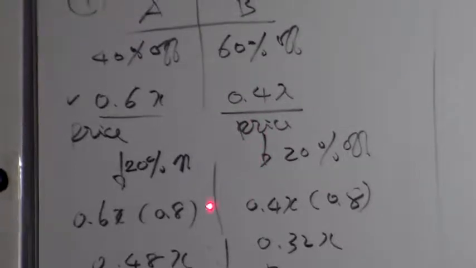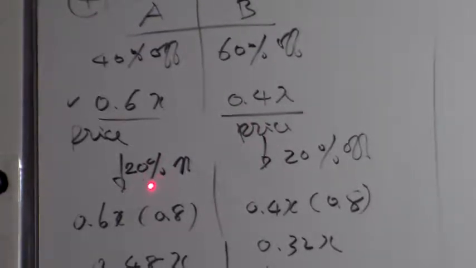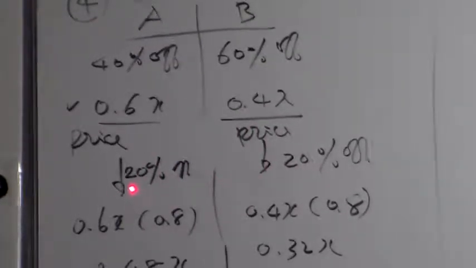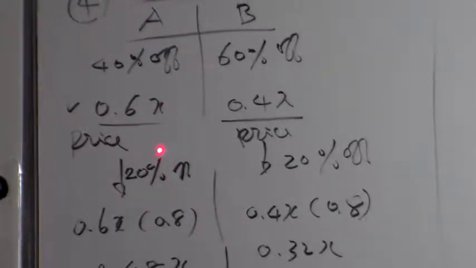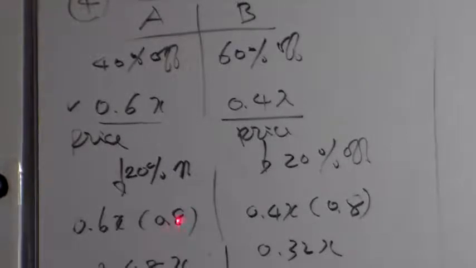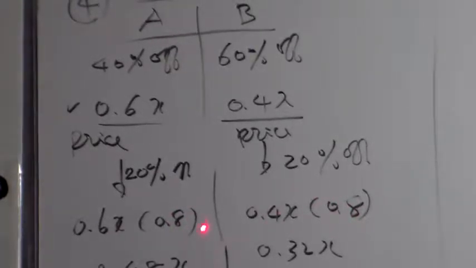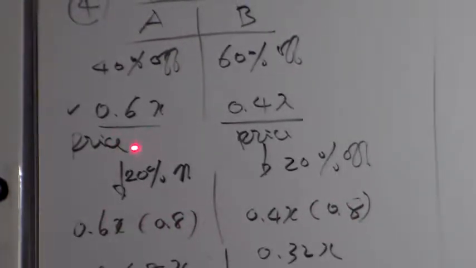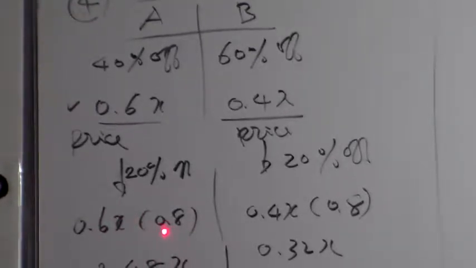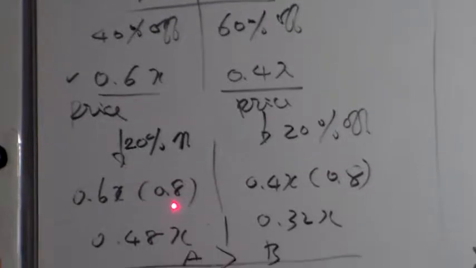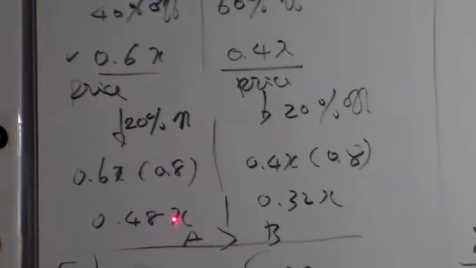Then both of the stores reduce 20% each. So from there, 20% off, so the actual net is 0.8. Make sure 0.8 for both of them. So this price, 0.6x times 0.8 is... 0.4x.